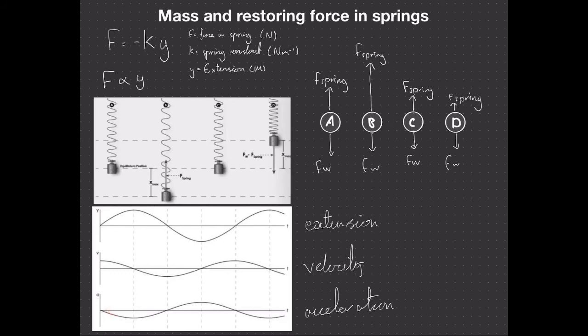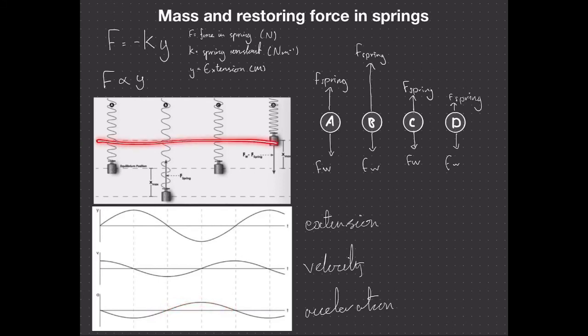Acceleration is the inverse of that. When we are at our central location or equilibrium, we have no acceleration acting. As our velocity is being transformed into potential energy, we have deceleration. As our potential energy is being transformed into kinetic energy, we have acceleration, and so on.